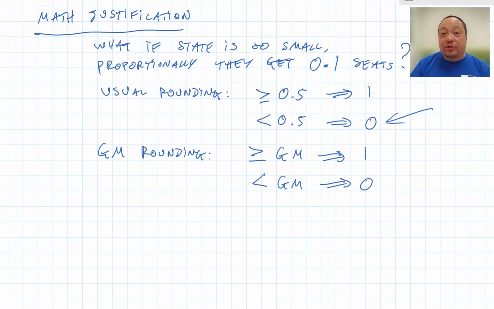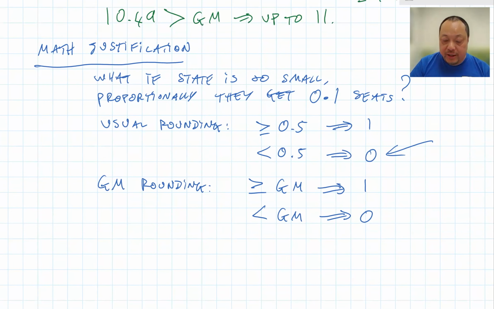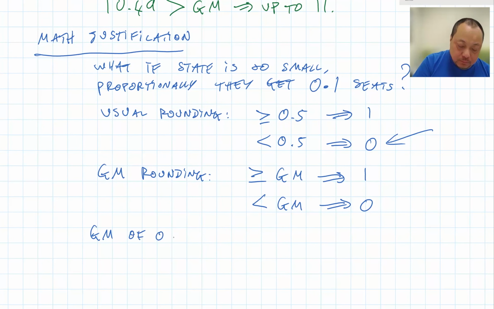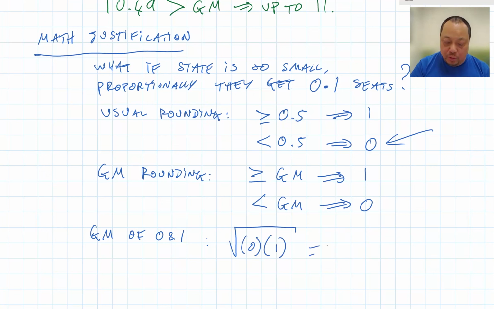If the state is so small that proportionally it comes out 0.1, then the two whole numbers around it are 0 and 1. Then we take the geometric mean of 0 and 1. Well, what is the geometric mean of 0 and 1? It's the square root of 0 times 1, which is the square root of 0, which is 0. Oh, good.